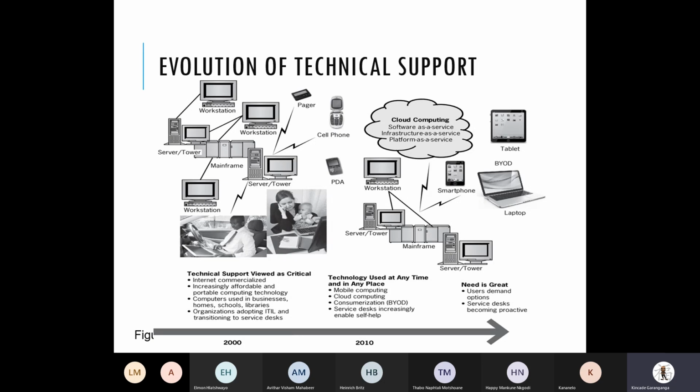You bring your own device for configuration and usage within your organization's platform, and obviously the service desk enabling that self-help I was talking about earlier on to make it a lot easier for the service desk as well as the customers and clientele at large.